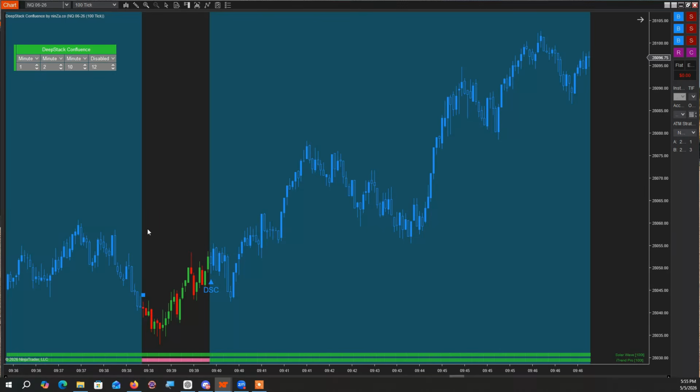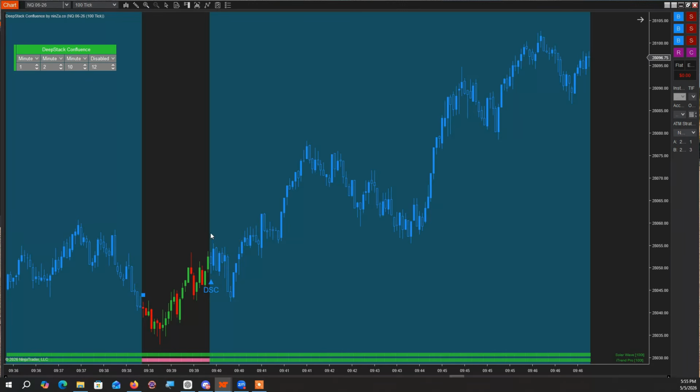It will keep you out of a lot of chop, as you will see in a minute. And it will also, if you wish to hold positions, it can truly help you hold positions and withstand, of course, the pullbacks that always occur. So here is 9:30 and we get a long signal pretty much right away.